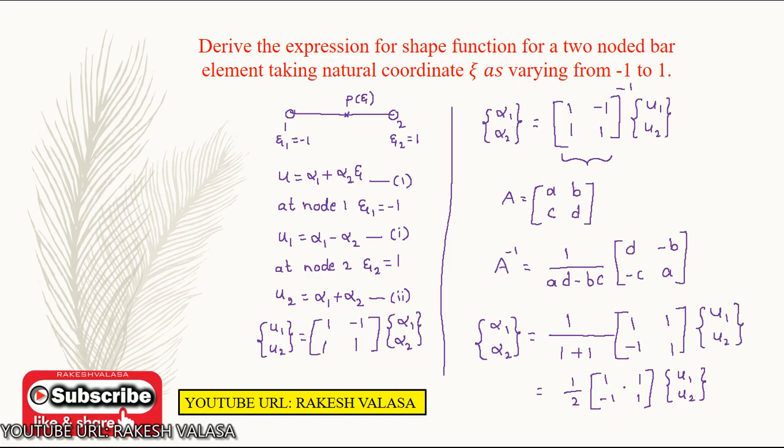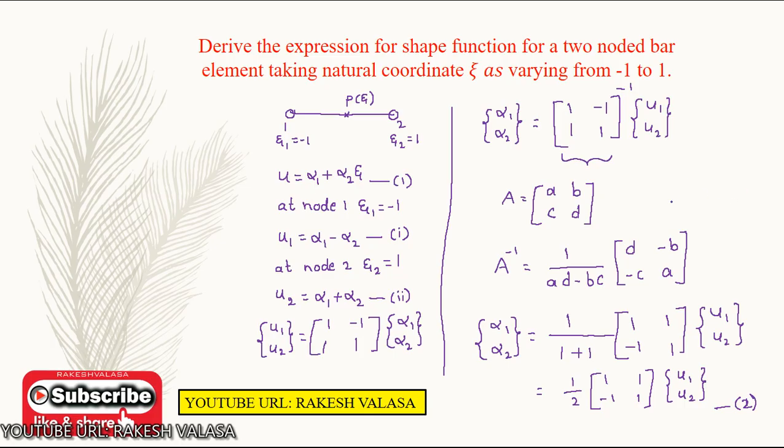Now substitute this equation, which is equation number 2, in equation number 1. What is equation number 1? You can write equation 1 in matrix form, that is u equal to 1 zeta into alpha 1 alpha 2.